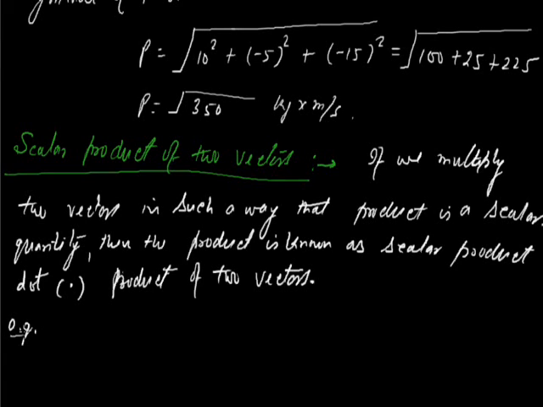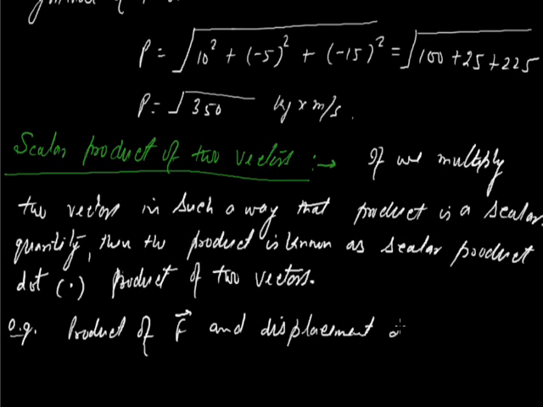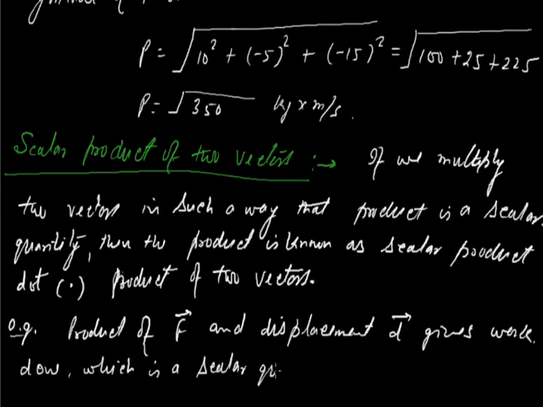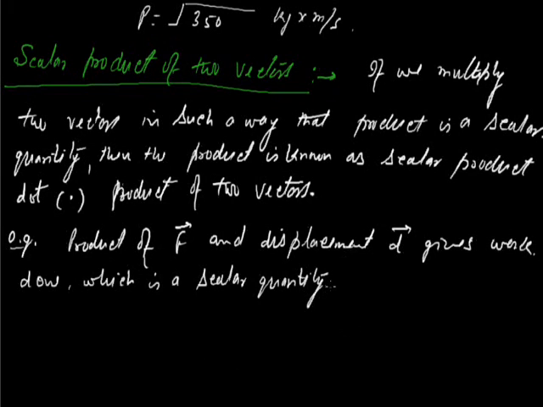Work is scalar, but force and displacement both are vectors. The product of force F and displacement D gives work done, which is a scalar quantity. So we can write work W will be F dot D.